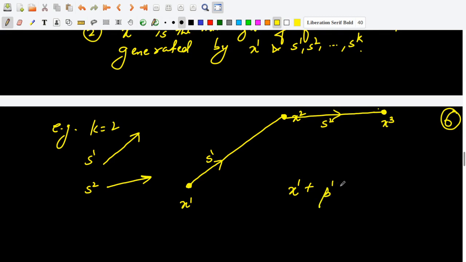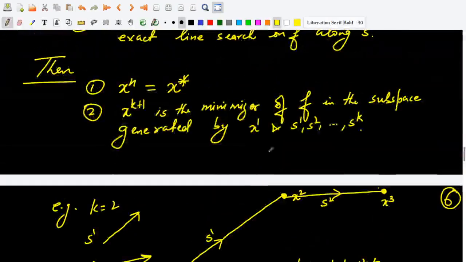Let's take beta 1 s1 plus beta 2 s2, and I'm free to choose any beta values. This x3 is going to be the minimum for this function over all possible beta values that you can pick. So essentially in this example x3 is going to be the minimum of this function in 2 dimensions.